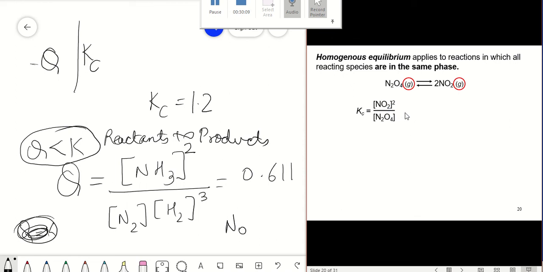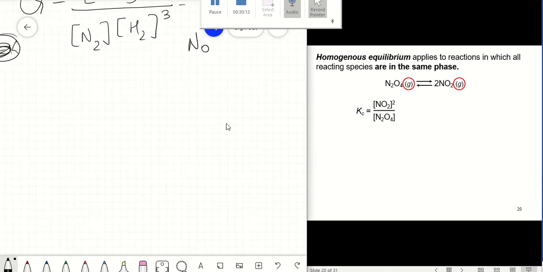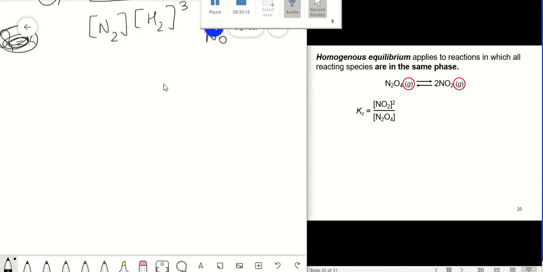But sometimes when we are talking about gases, we have seen previously that concentration can be written in terms of molarity, but for gases it can also be written in terms of atmosphere, or pressure: pascals, kilopascals, atmosphere, whatever may be the unit. It can also be expressed in terms of pressure of a gas.